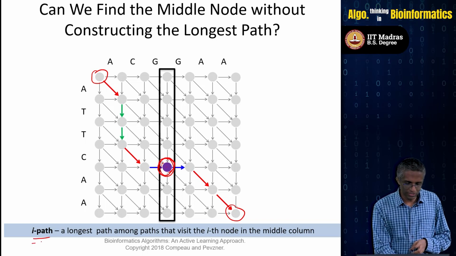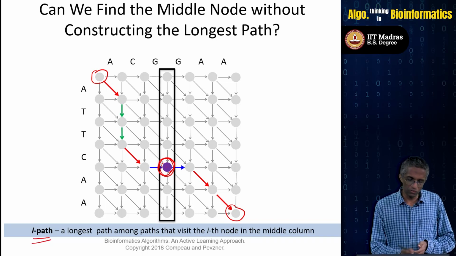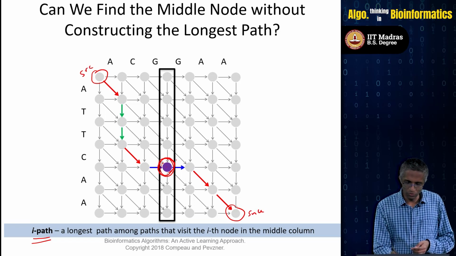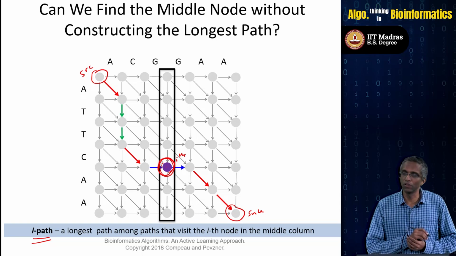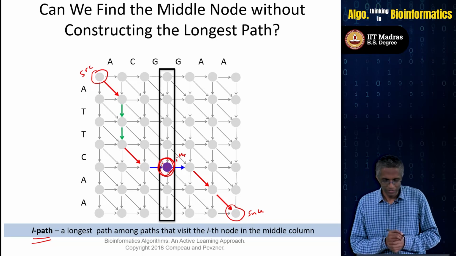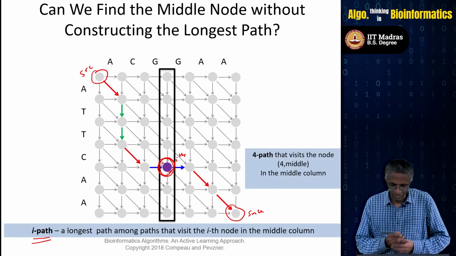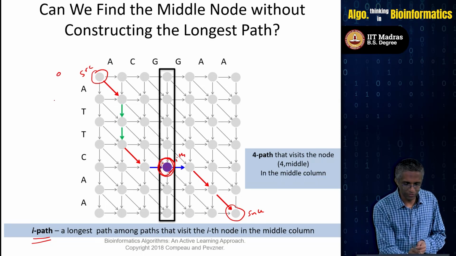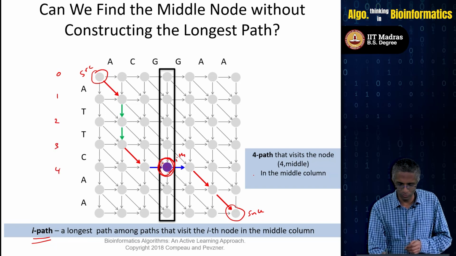So we call that an I path. Okay, so I path is the longest path from the source to the sink that goes through the ith node in the middle column. So for instance here, this is a 4 path. Again, we are starting numbering from 0, so this is 0, 1, 2, 3, 4, so this is the 4th row, right?